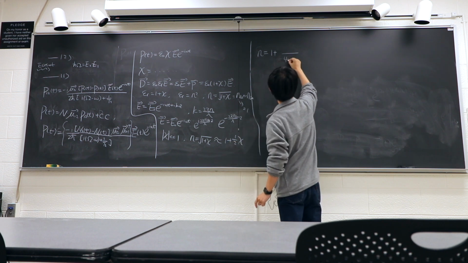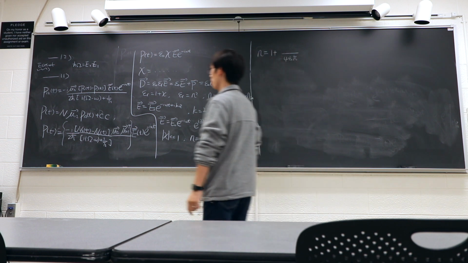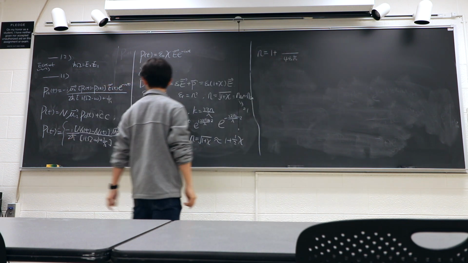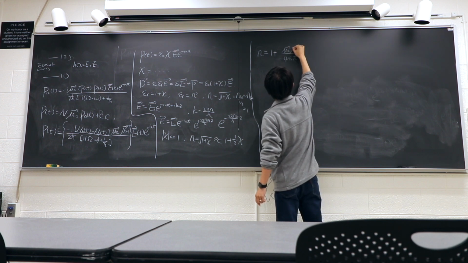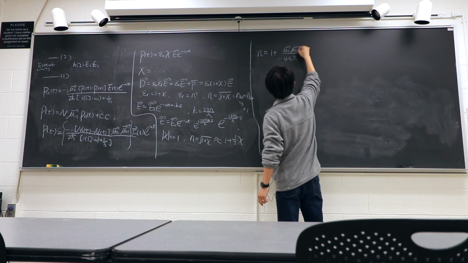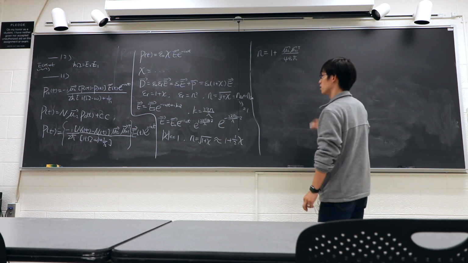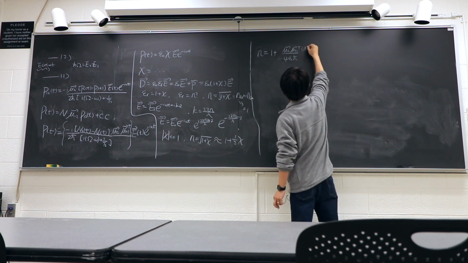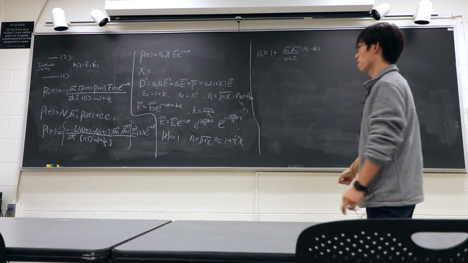So 4 epsilon h bar is here. Mu 1, 2, mu 2, 1 transpose. And then n2 minus n1. Okay.